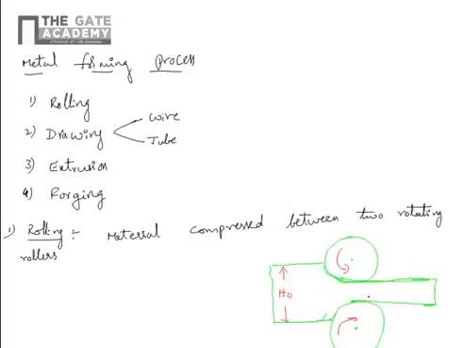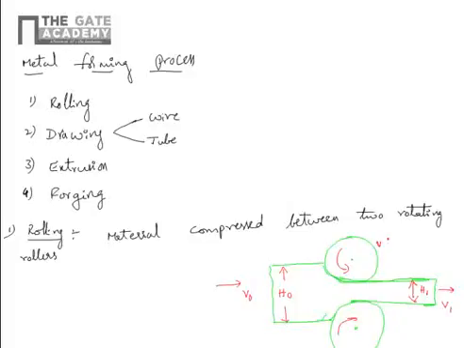H0 is the height of the metal strip before entering the roller, before rolling; H1 is the height of the strip after rolling. V0 is the velocity before rolling, V1 is the velocity of the strip coming out, V is the velocity of the roller.